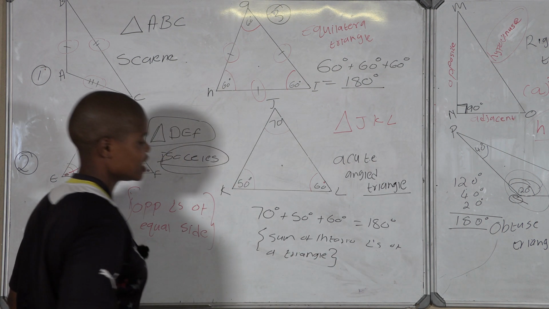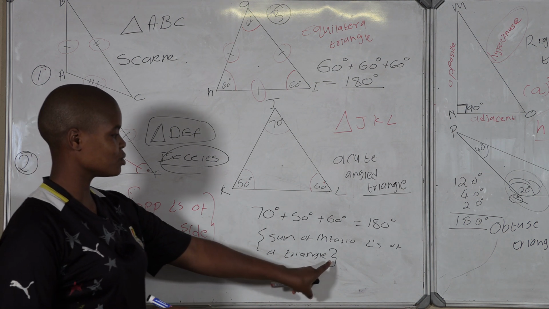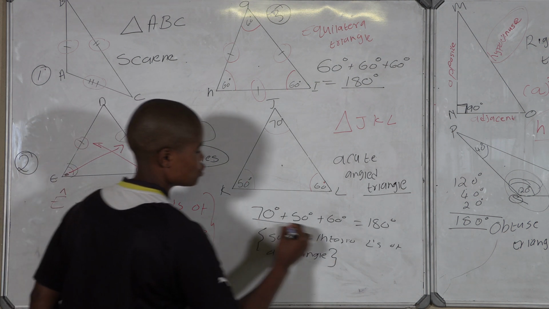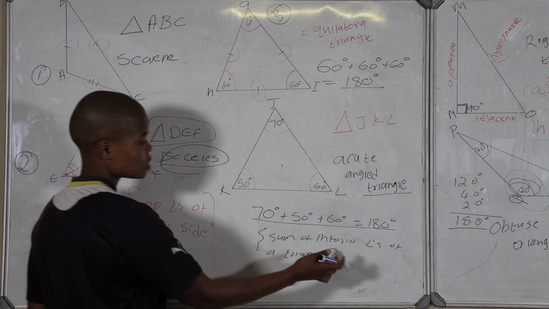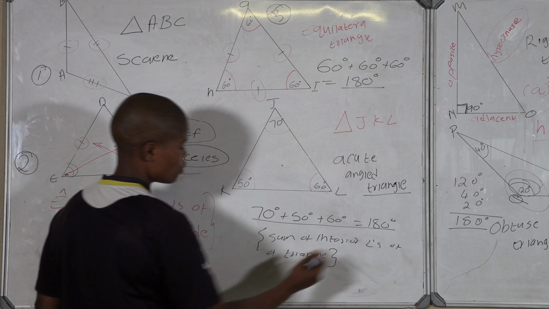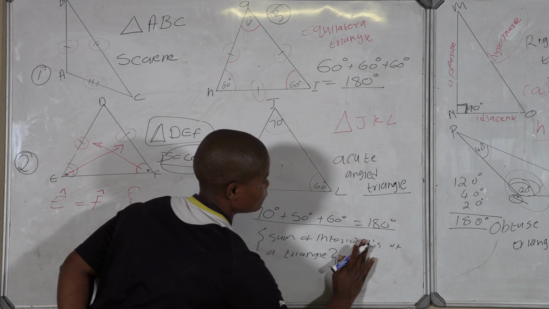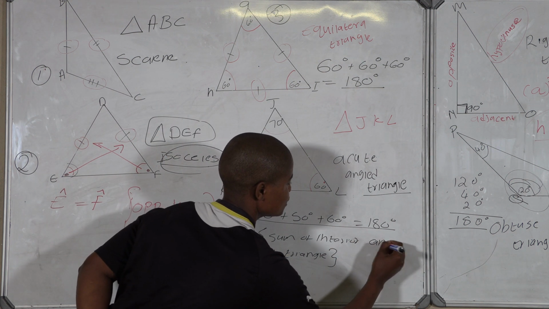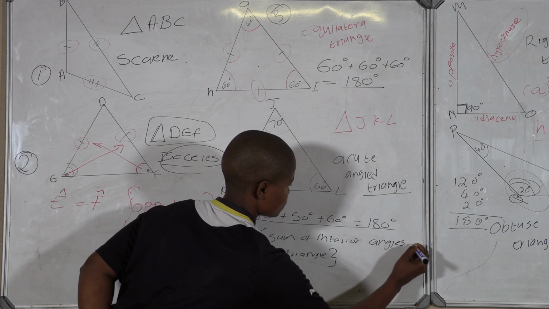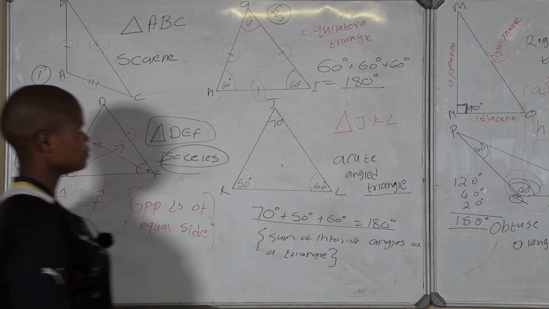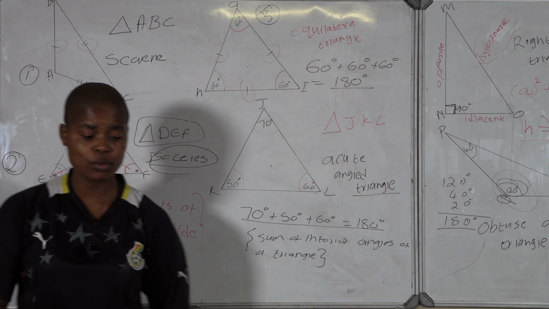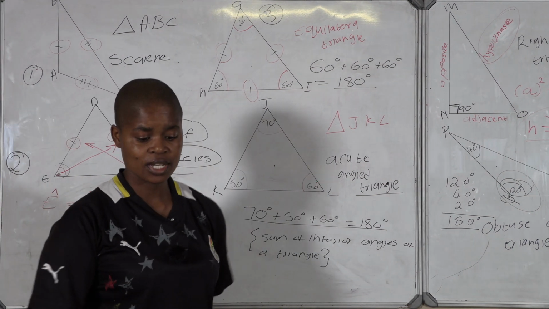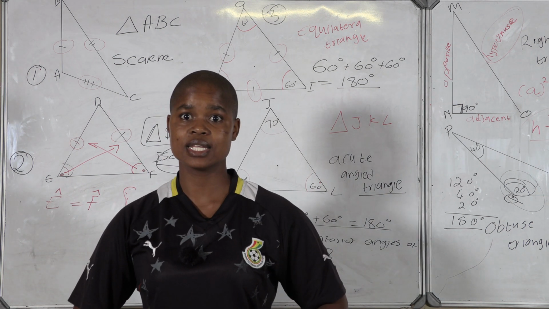You don't really have to say add up to 180 because already you have shown us that they add up to 180. So your reason will be sum of interior angles of a triangle. Okay, let me just write a full angle there, of a triangle. Yes, I think this will be it. The next time we meet, we'll be talking about congruency and similarity.